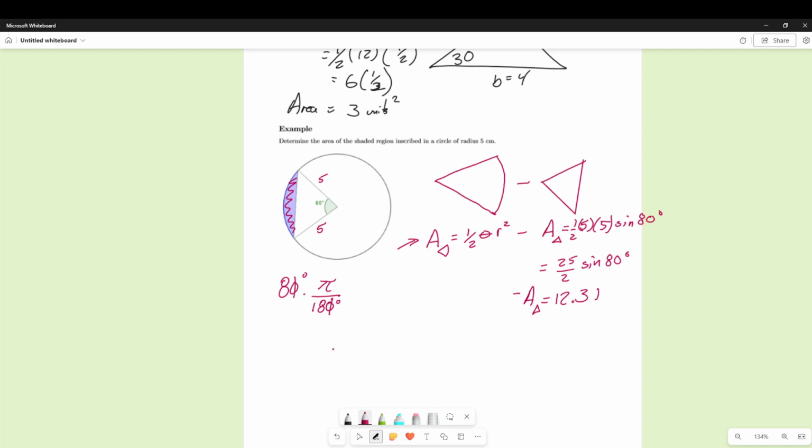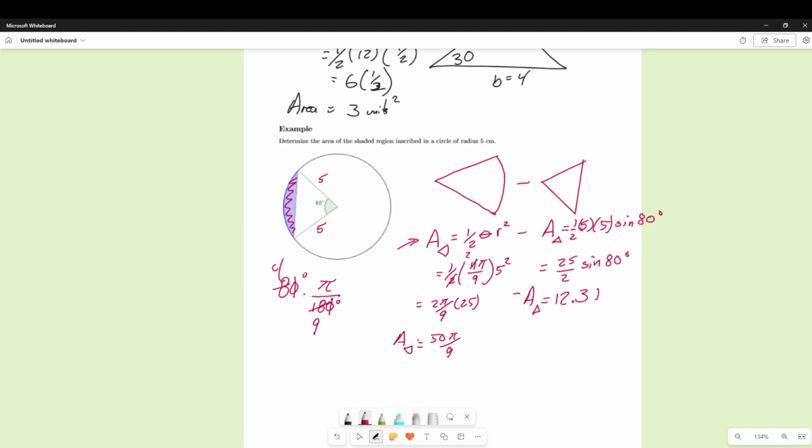So cancel out the tens, divide by 2, so 4 pi over 9, so 1/2 times 4 pi over 9 times 5 squared is, divide out those 2's, so 2 pi over 9 times 25, or 50 pi over 9, area of the sector.